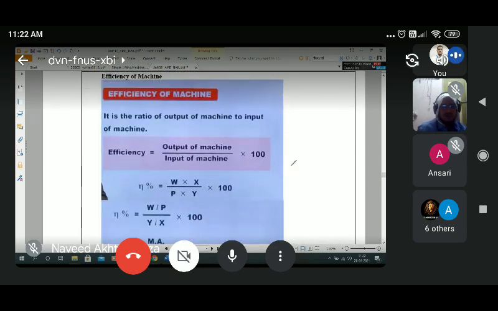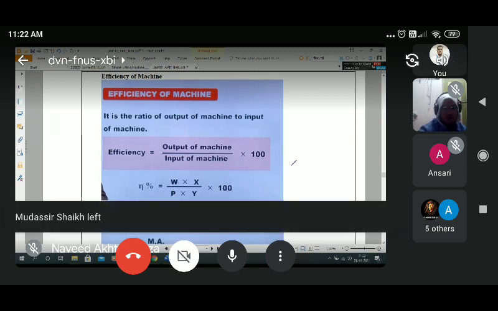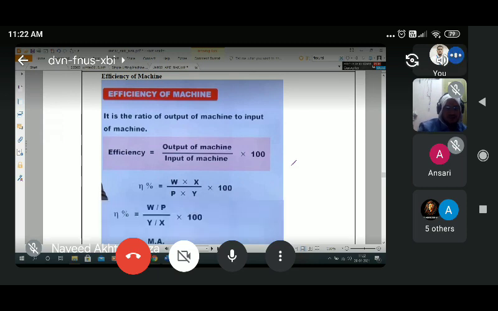Now what is the efficiency of the machine? You know that efficiency is nothing but the ratio of output of the machine to the input of the machine in percentage.